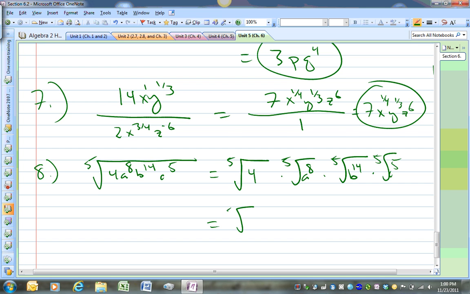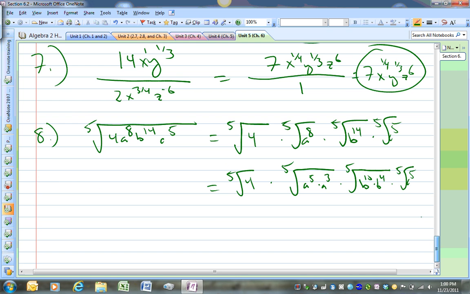Now, fifth root of 4 is really nothing we can do about that. But here, a to the 8th, since you have 5 a's, you can write it like this: a to the 5th times a cubed. And you can write b to the 14th as b to the 10th times b to the 4th. And of course you have the fifth root of c to the 5th.